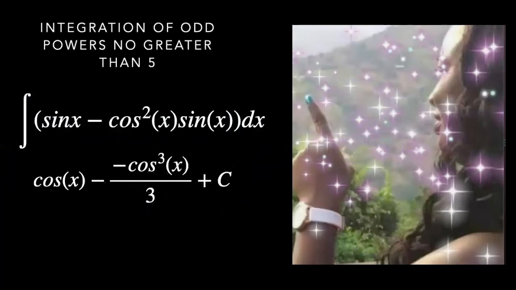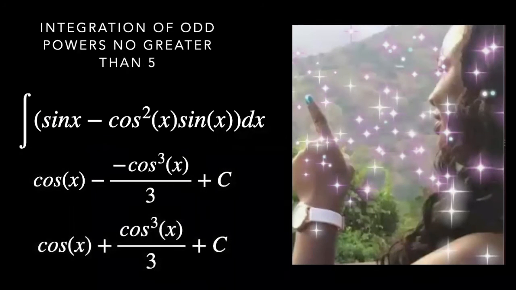So that is why the cos square x sine x, leave the minus sign as is, and we add the 1, it becomes minus cos cube x, and whatever is the power goes in the denominator, so it'll be over 3 plus the constant c. Now the two negatives become positive, so the answer is cos x plus cos cube x over 3 plus c.